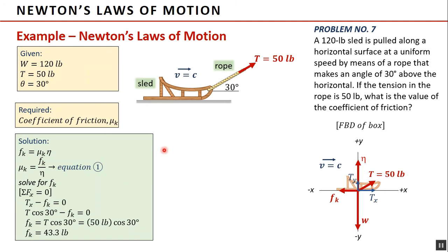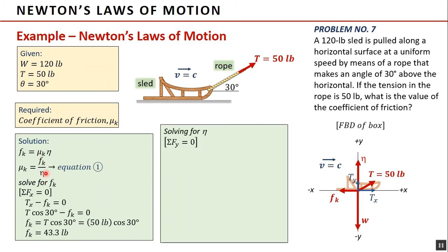Next, it's time to solve for normal force N. We use again Newton's first law along y, since the sled does not move vertically. So the summation of forces along the y-axis is 0. Take a look carefully at your FBD. We will combine all the forces along the y-axis: the upward y component of tension, Ty, the normal force N, and the negative of the weight.